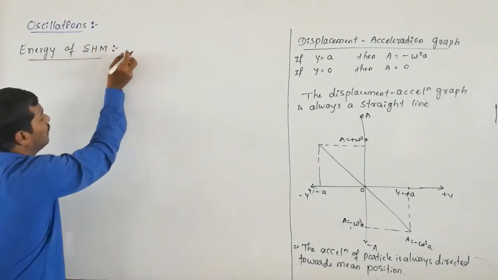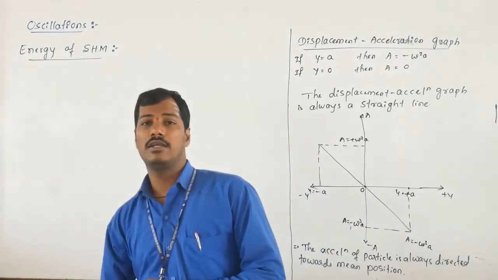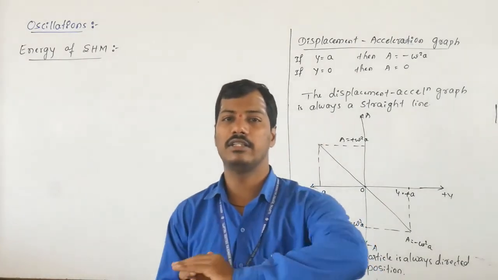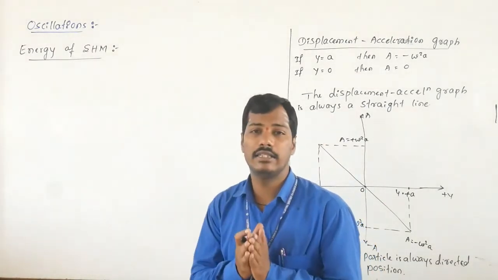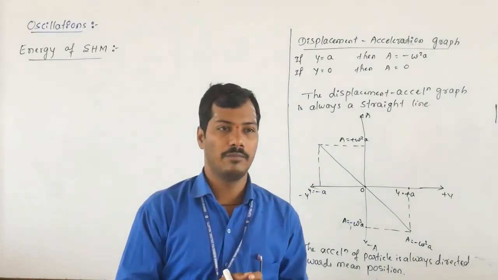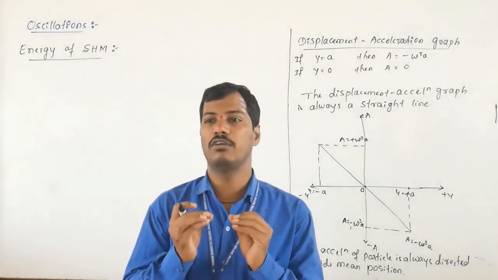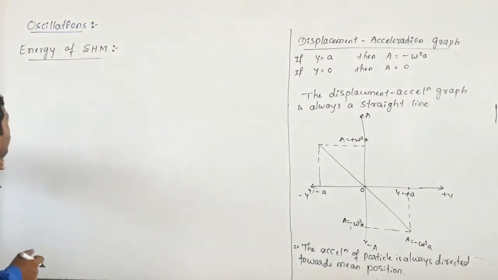We already know that, we have studied that in energy there are two types. One is the potential energy, another one is the kinetic energy of a particle. Kinetic energy depends on the velocity of a particle, but the potential energy depends on the position of a particle.